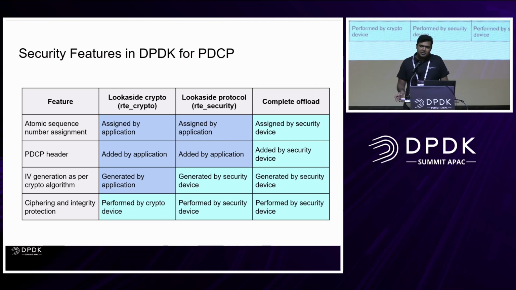One reason why it was done like that was because the PDCP sequence number is the fundamental building block for all other features such as in-order delivery, which are more complex to be handled by the crypto device. Today's crypto device semantics are not tuned to help with PDCP's reordering or in-order delivery mechanism.